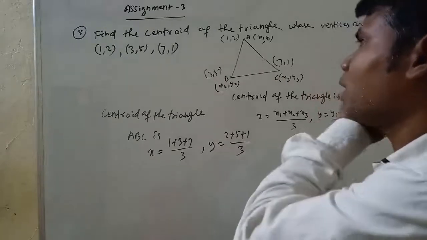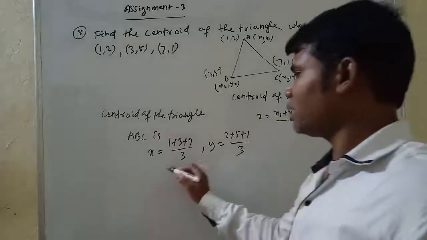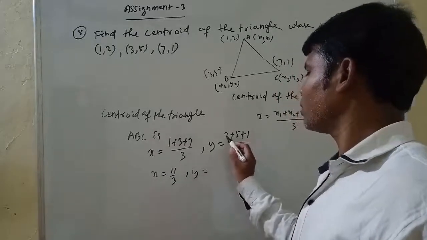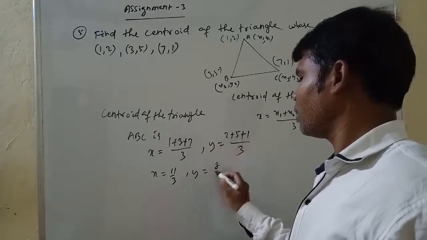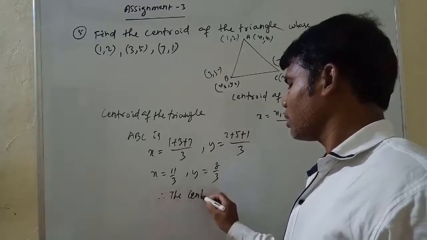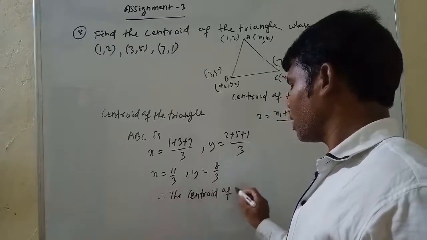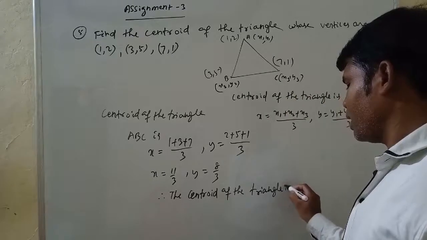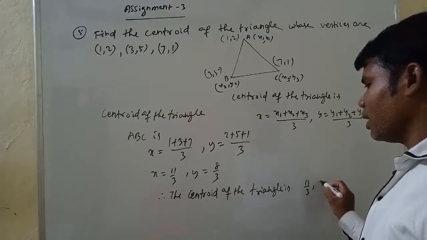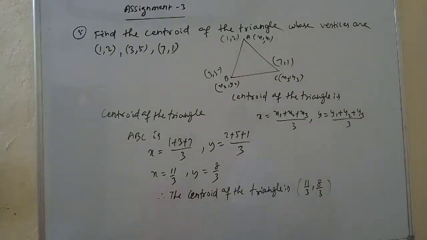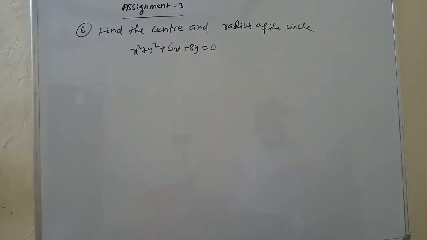Okay, this is equal to x is equal to 11 by 3, y is equal to 5 plus 2 is 7, 7 plus 1 is 8 by 3. Therefore the center of the triangle is 11 by 3, 8 by 3. Okay, pause the video, note it down. You see the next question.